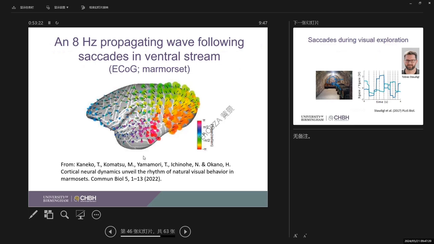Each time the monkey makes a saccade, you see this swoop of activation going down the ventral stream, right? And this is exactly the swoop of activation we think is organizing the pipelining in humans as well. However, this requires that we can also see saccades being locked to the phase of ongoing alpha oscillations.